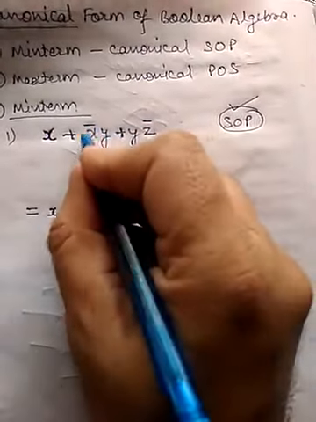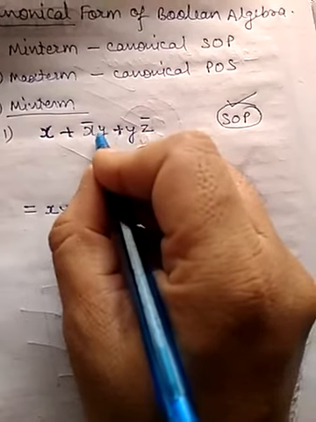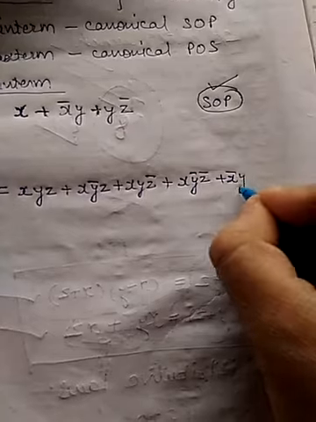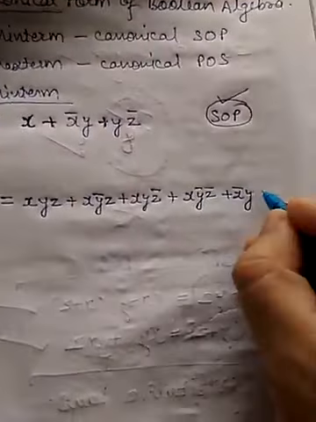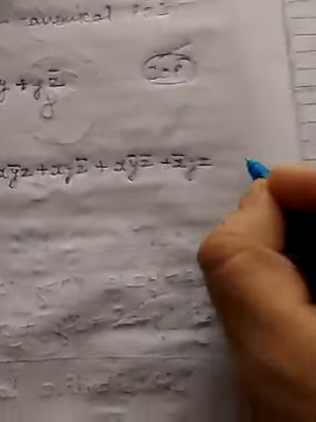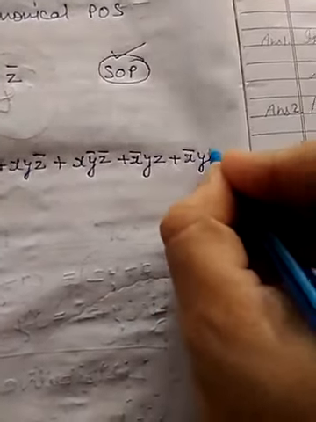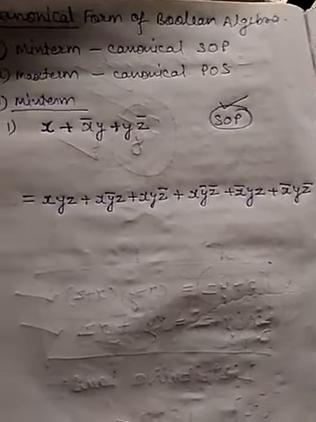Now here one variable is missing, that is z. So it could be x'y, which is already here. So it could be x'yz, or it could be x'yz', because z is missing, so it could be in the form of z, or it could be in the form of z'.